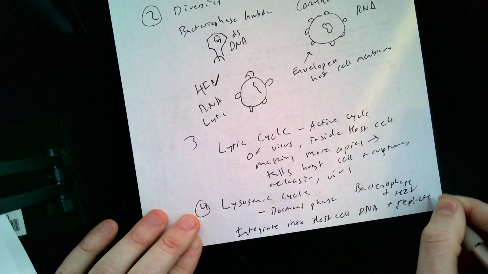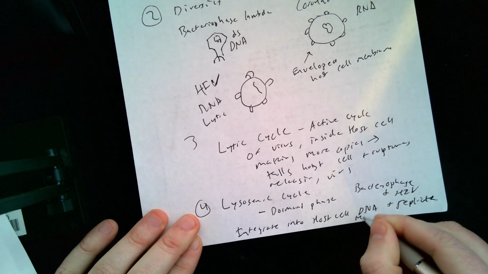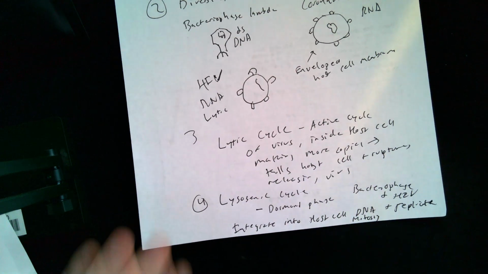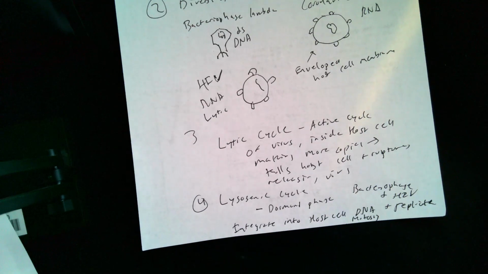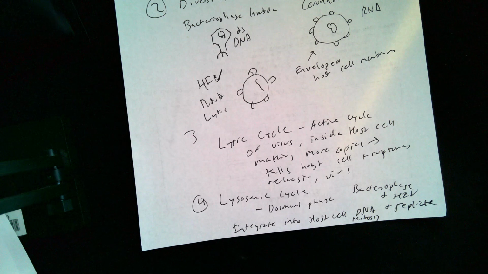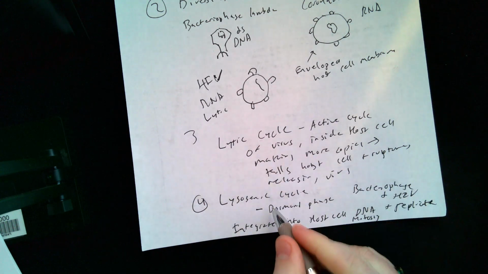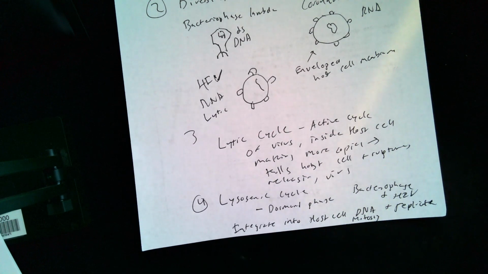So as that cell undergoes mitosis, it's making more and more copies of cells that have the viral DNA in it, but it's dormant, so it cannot be targeted by your immune system if it's HIV, and the bacteria doesn't know, and it spreads that way too. So that is the lysogenic cycle. This one is the active, and this is the more dormant, hiding one.